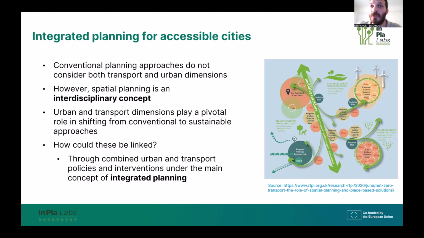But before we embark on that, I should also mention once again what Ioanna said, which is really crucial when we talk about integrated planning. We surely need quantitative approaches, we surely need evidence-based approaches.